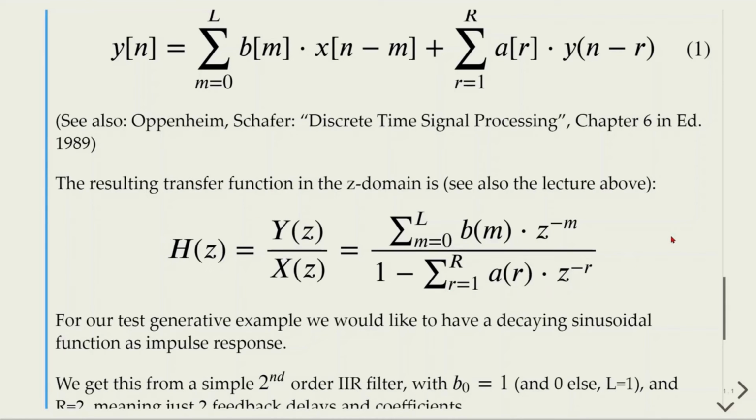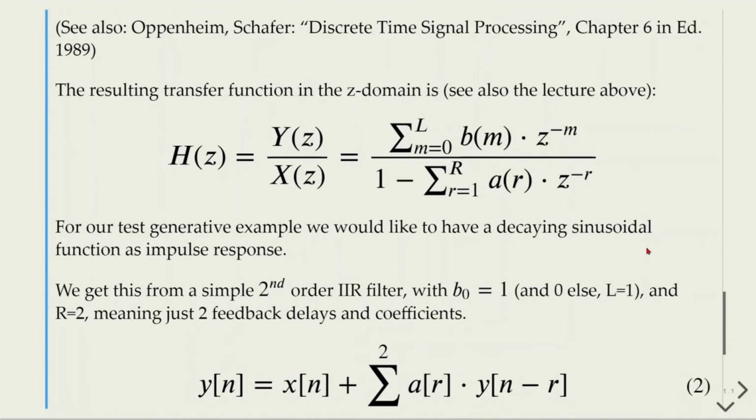For our test generative example, we would like to have a decaying sinusoidal function as an impulse response. And we obtain this from a simple second order IIR filter with B0 equals 1 and 0 elsewhere, for L equals 1 and R equals 2, meaning just 2 feedback delays and coefficients.